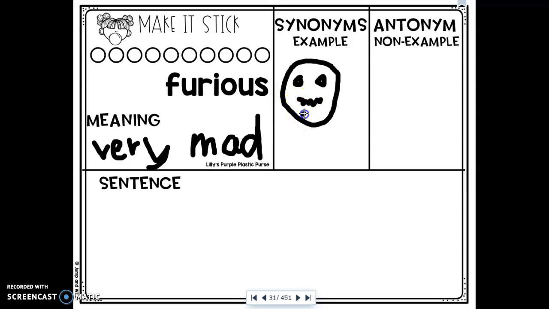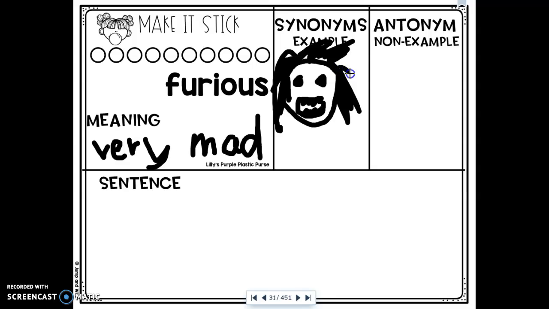I'm trying not to make them look too creepy. This person kind of looks creepy, don't they? I'm not trying to make them look creepy, but they're just supposed to be really mad. Let's give them some hair maybe so they don't look quite so creepy. I know those eyes just look too creepy. Hopefully your person doesn't look so creepy. But this person is furious, okay?